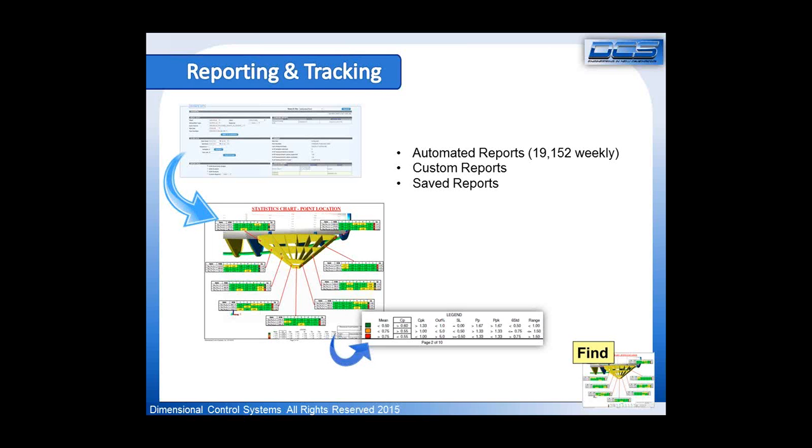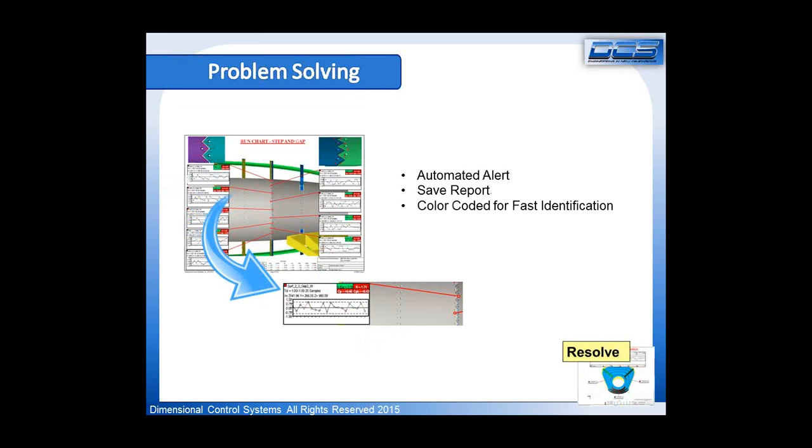Examples of the outputs of this aggregation and reporting or quality tracking that I was speaking about: the notion of being able to report and track data and have quick visibility based on the automated roll-up of this information is one of the key elements. Another is being able to take that information and use it in a problem-solving sense.